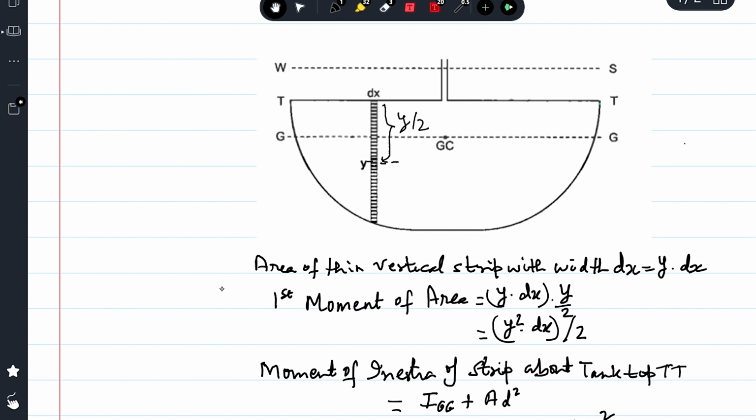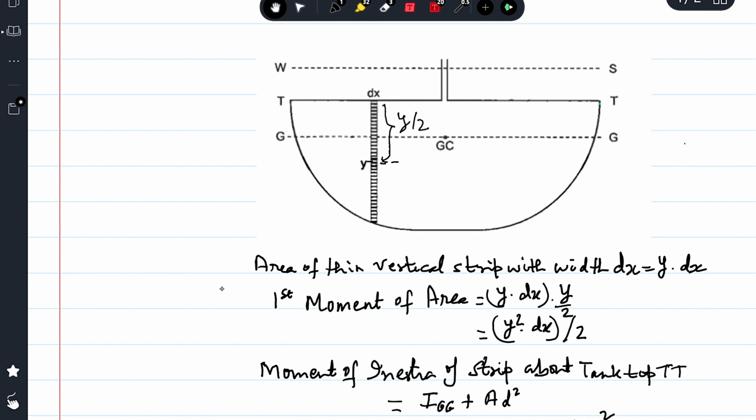The first moment of area, you can see, is the y square function. The y square function is obtained by multiplying the area function with the ordinate itself. So the area function is y dot dx, and we multiply it with y, the vertical ordinate itself. So it becomes the y square function. That is the moment of area.